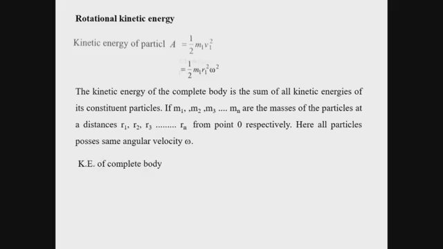Therefore, the kinetic energy of the complete body is given by 1 by 2 m1 r1 square omega square plus 1 by 2 m2 r2 square omega square plus and so on, which is equal to 1 by 2 omega square into the bracket summation of m r square, which is nothing but 1 by 2 I omega square. So the rotational kinetic energy is simply the sum of the linear kinetic energies of the particles of the body.